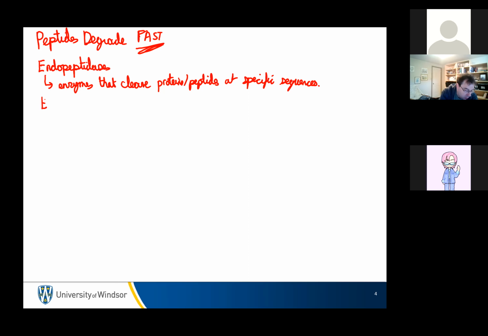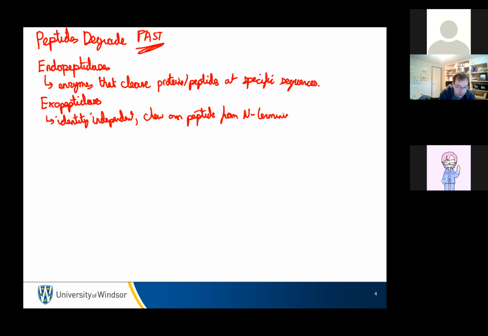For peptides, though, we need to worry more about exopeptidases. Normally, these are identity independent. They don't care what the peptide is. And they kind of chew on the peptide from N terminus or C terminus.